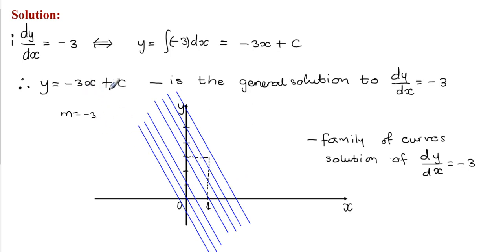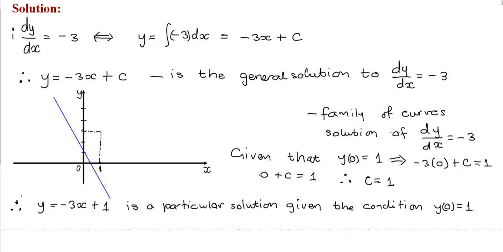What differs in these different solutions is the point of intersection with the y-axis, which gives us those different values like 4, minus 5, and so on. So they represent a family of curves which are a solution to this differential equation. I hope that is very clear.